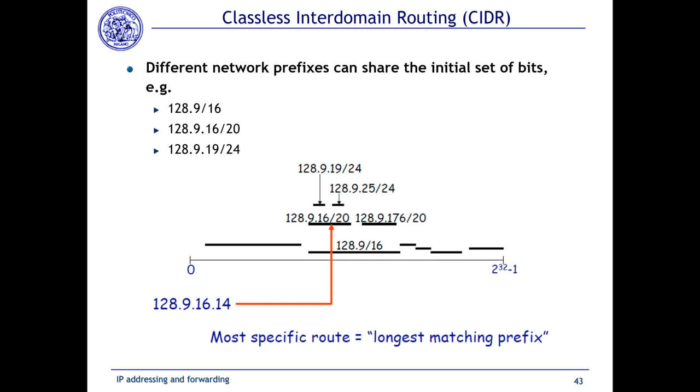Okay. And so this is basically the operation that is carried out when we are doing IP address lookup in a router, and we will study in the next part of the course what are the effective techniques to carry out this operation in a fast way that implies a small complexity.